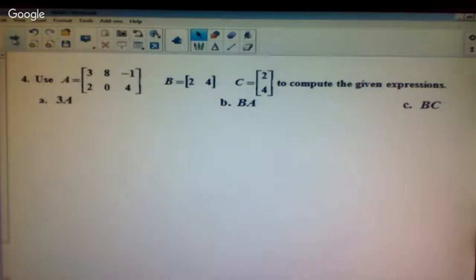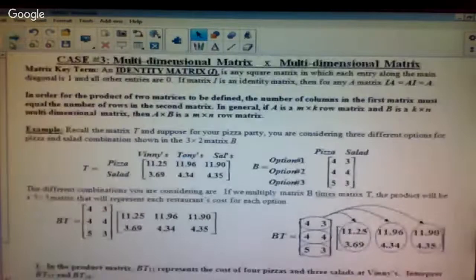Okay, so we're going to skip these ones. All you need to do then is plug them into your calculator for A, B, and C and do the operations that they're asking. Just remember, if they want B times A, you have to make sure that you put matrix B first, matrix A second.